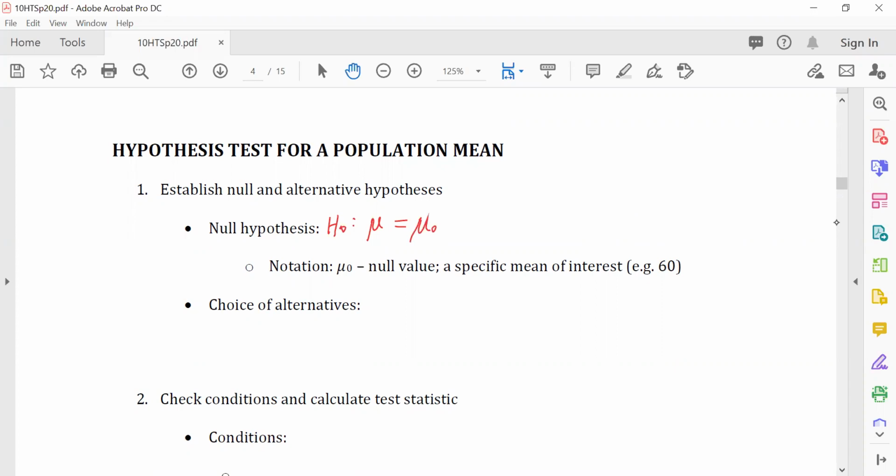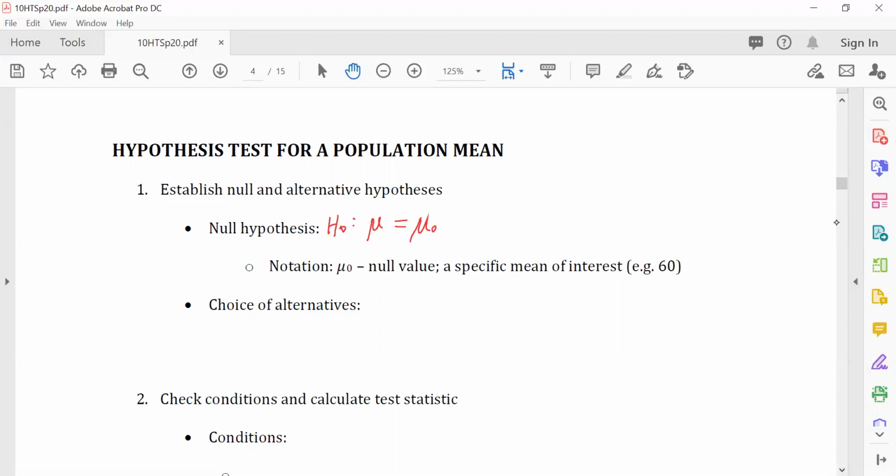This mu null is a placeholder. This is not something new. It's just when you see a real question with real context and real numbers, you will replace this mu null with the number you see in the question.